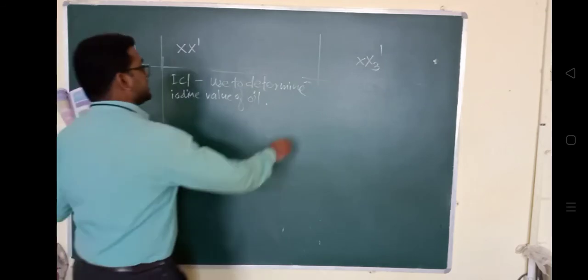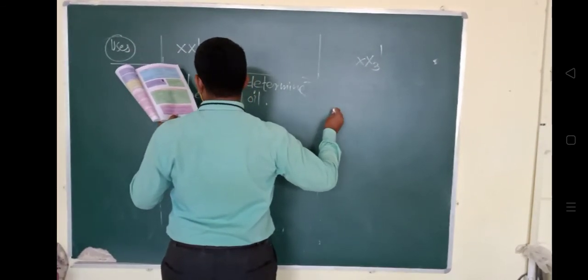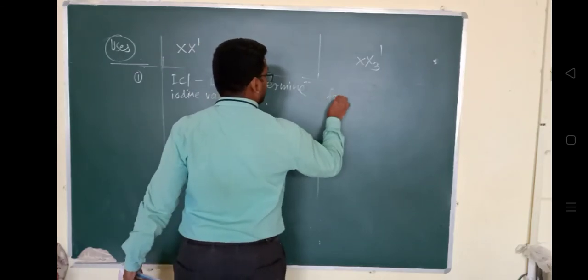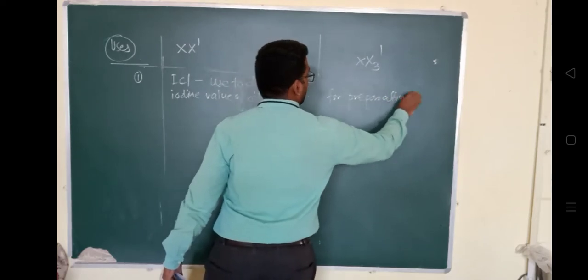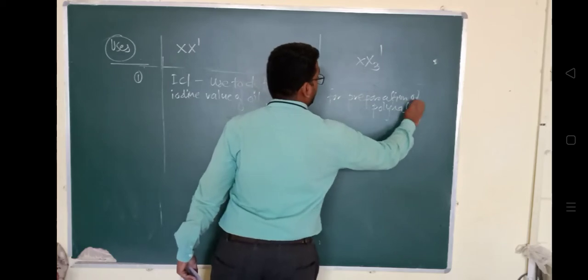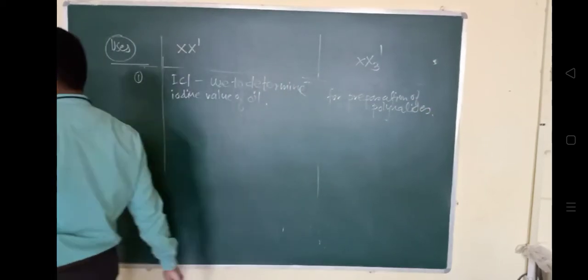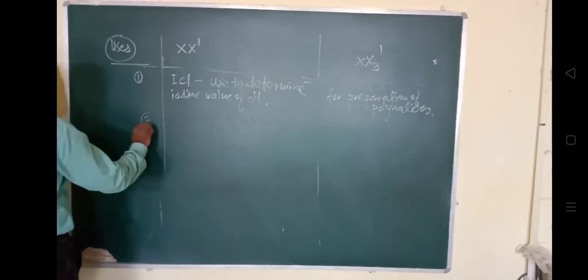Then this X dash type, they are used as a catalyst for oxidation. Okay, as catalyst for oxidation, BrCl. Okay, what is this interhalogen compound of what?